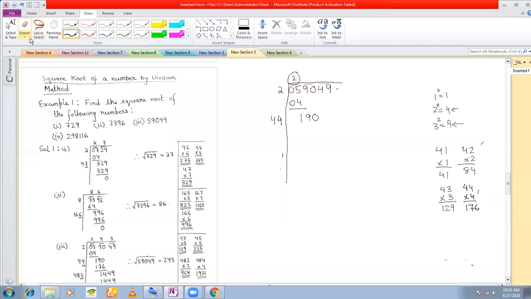I will take 176, but we'll try 5 also, just to understand. 45 into 5 is 225. Now you see 176 is just less than 190, but 225 here is greater than this 190. So therefore we consider 176.